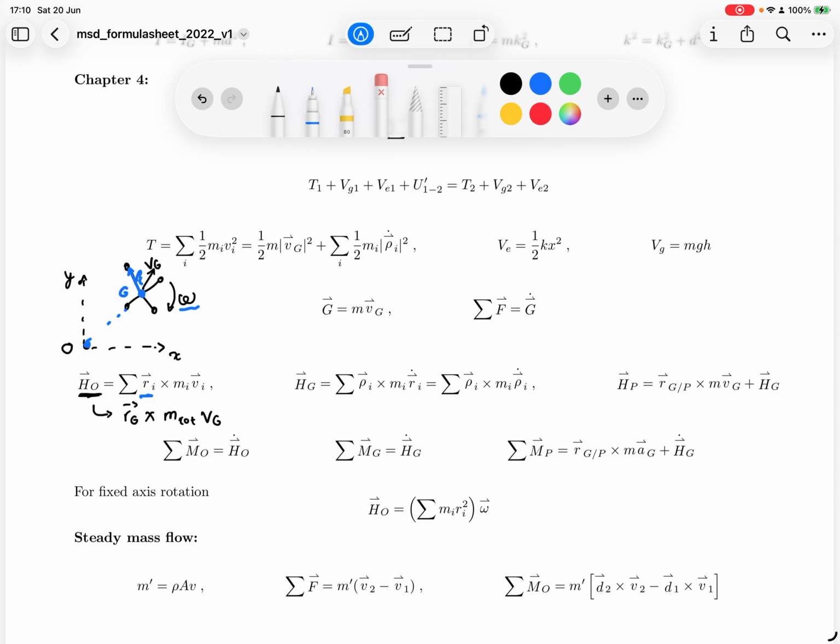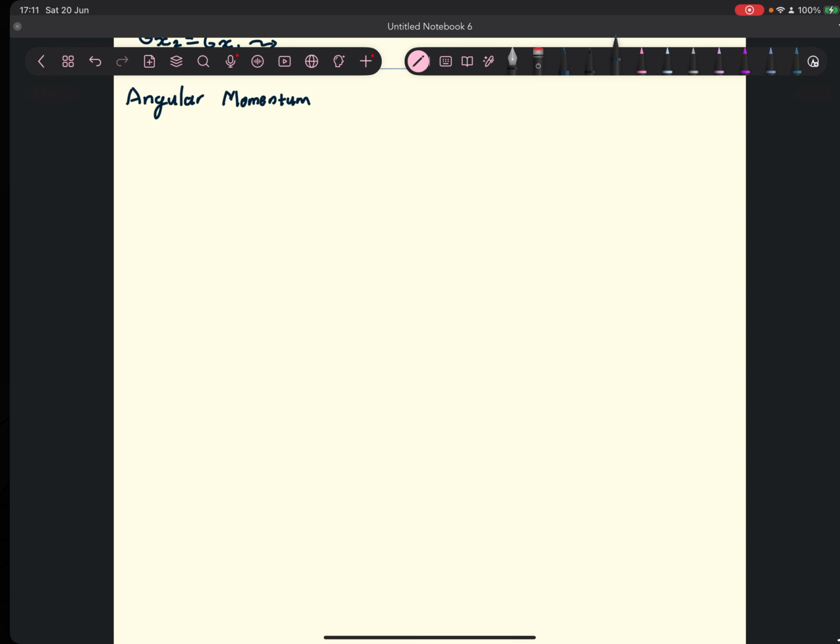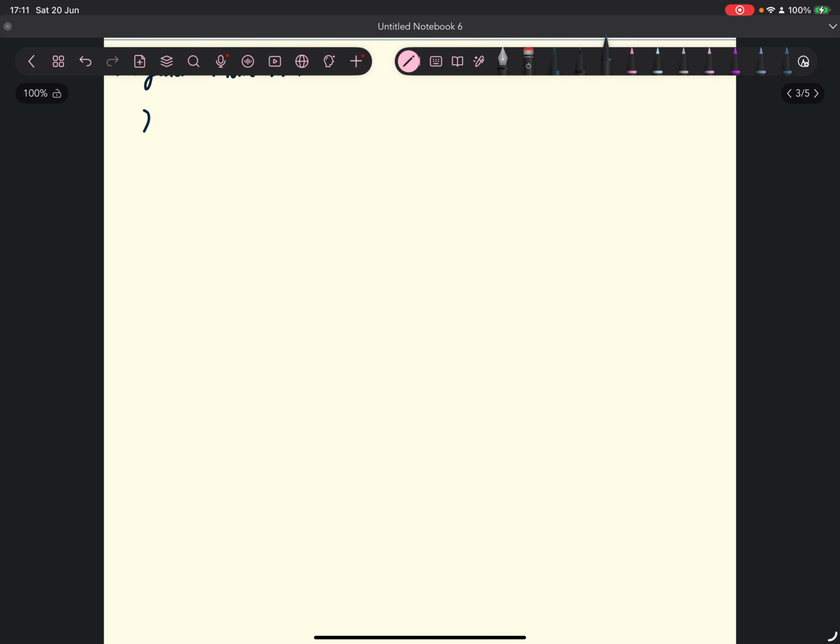So I'll explain this one, I'll break this one up a bit more, but let's first try and understand exactly what the angular momentum is, right? So angular momentum is the moment of momentum, right?